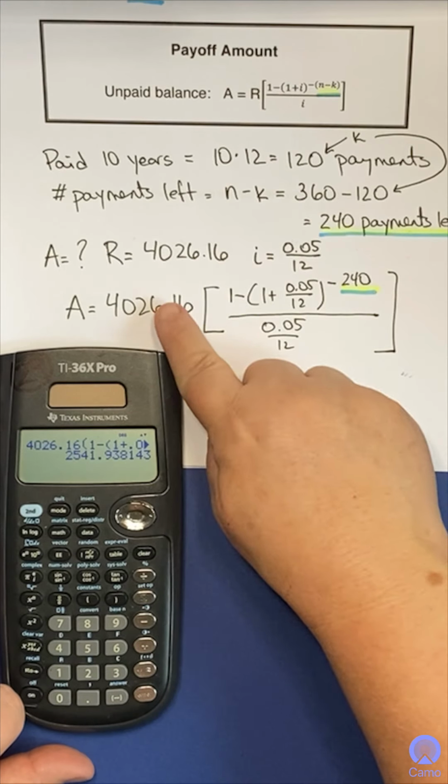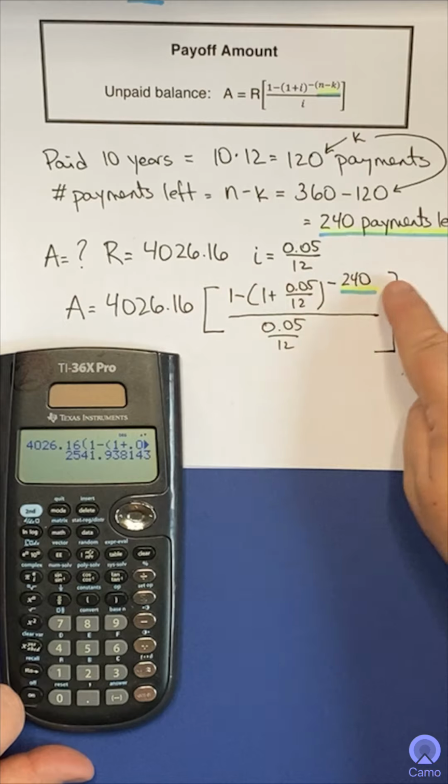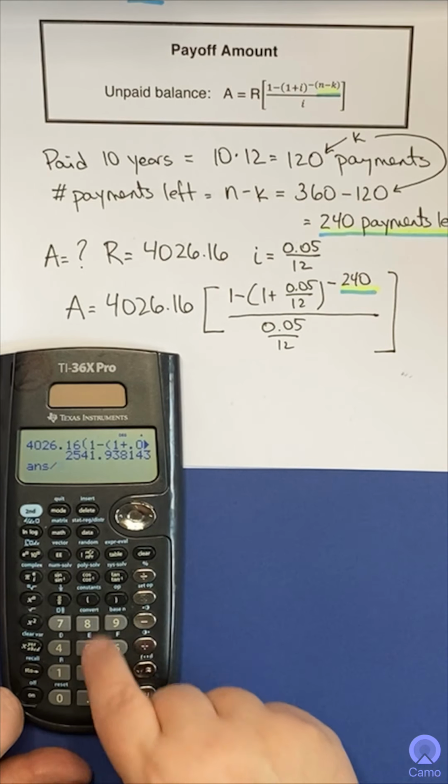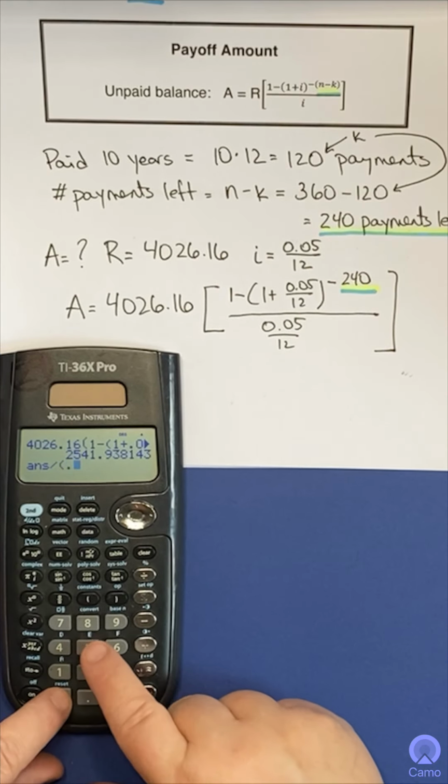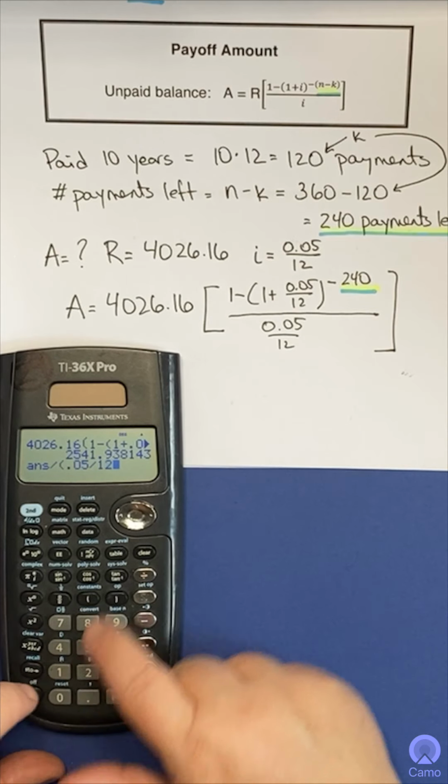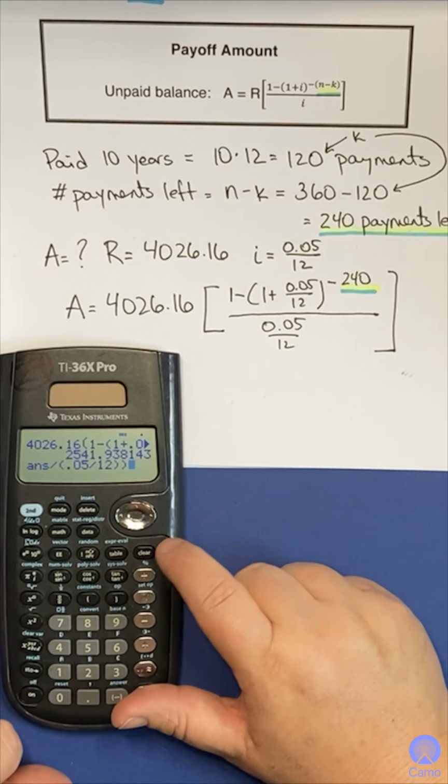Now that's just this numerator part, this times this, and now I'm going to divide by 0.05 divided by 12.